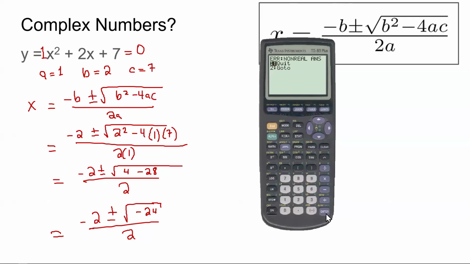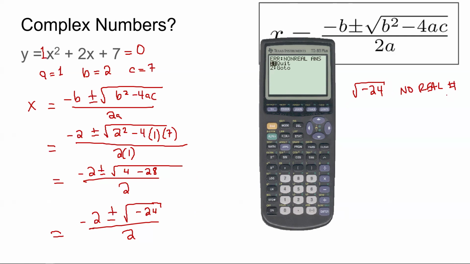It says it's a non-real answer. So that's the problem here. You can't take the square root of a negative number and get a real answer. No real number.